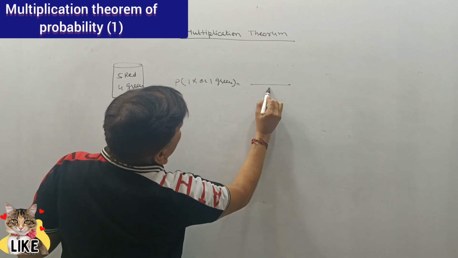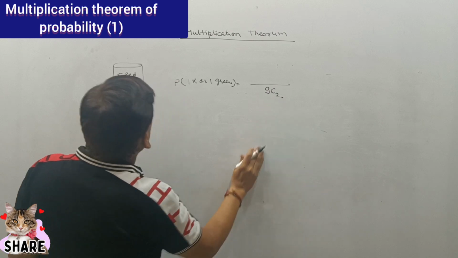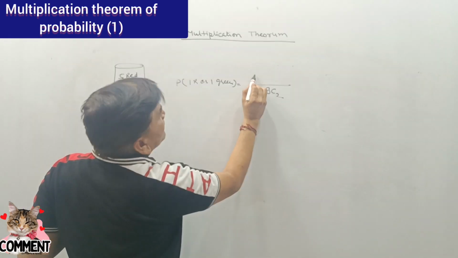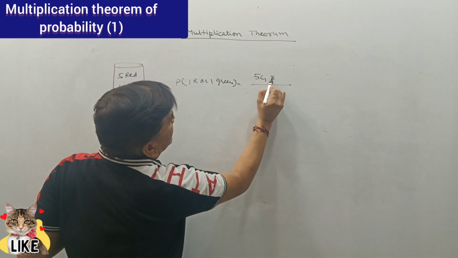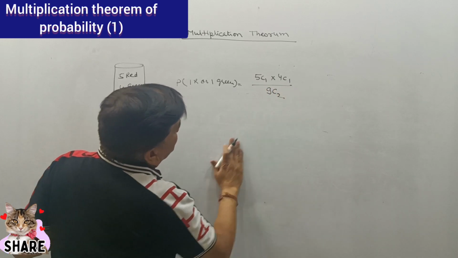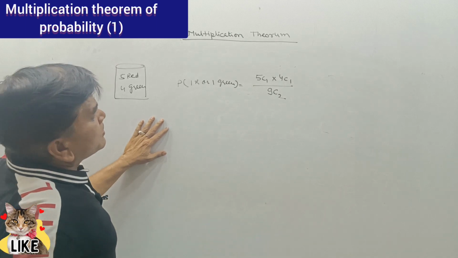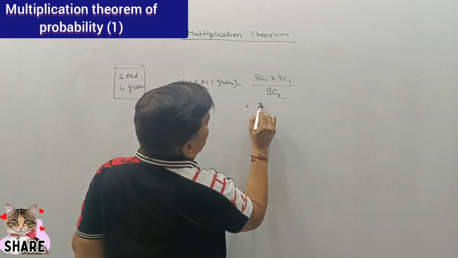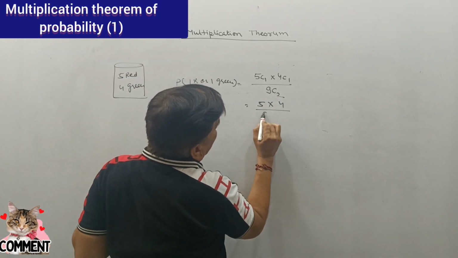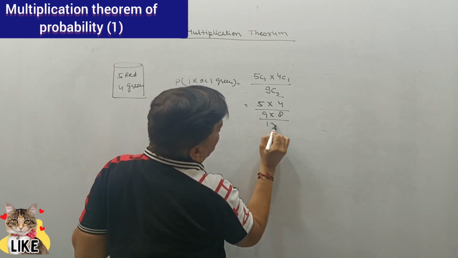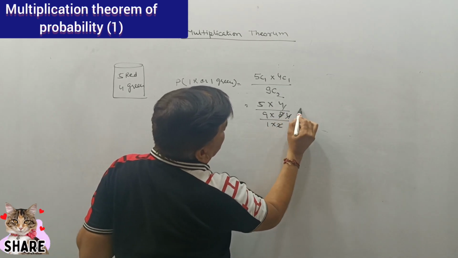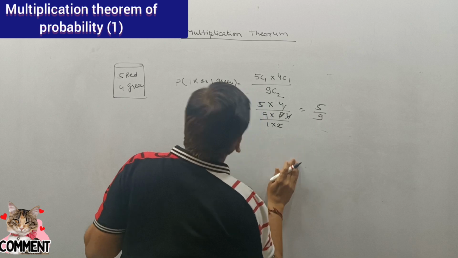The total number of events is 9C2, and getting 1 red is 5C1 and 1 green is 4C1. So this is 5 multiply 4 over 9 multiply 8 divided by 1 multiply 2, so the 4s cancel, giving 5 upon 9.